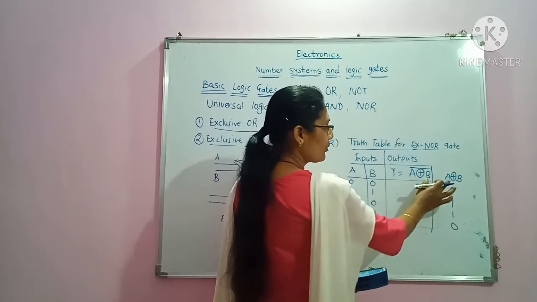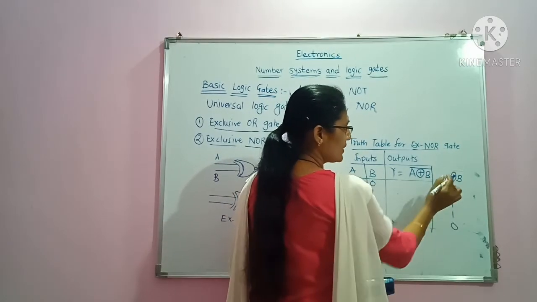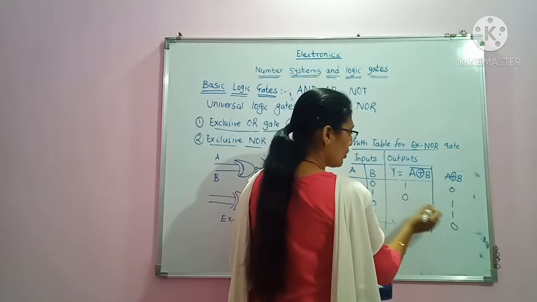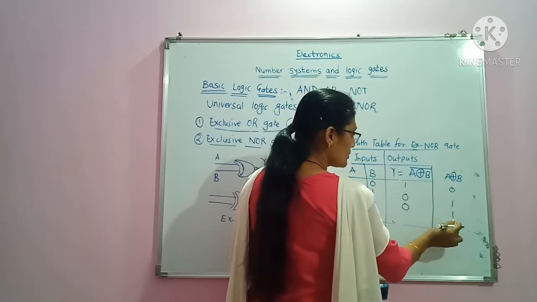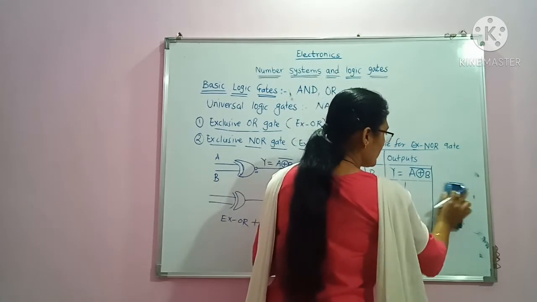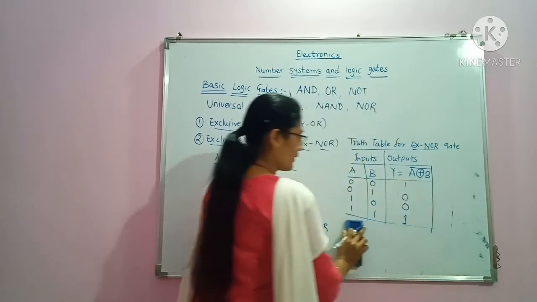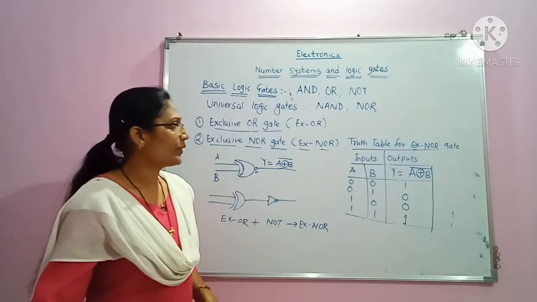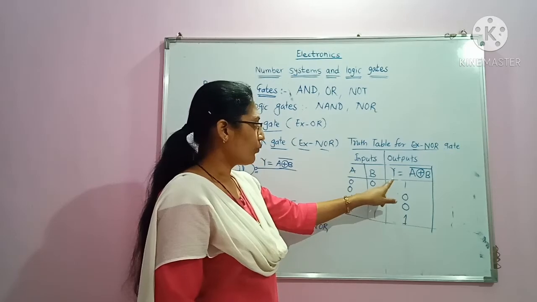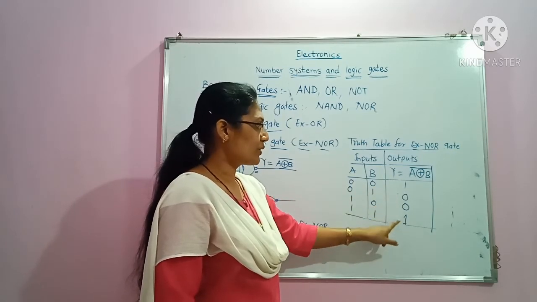So here we have to invert it, complement of this. So 0 complement is 1, 1 complement is 0, 1 complement is 0, 0 complement is 1. So this was the rough work, and we have obtained the truth table for exclusive NOR gate with output as 1001.